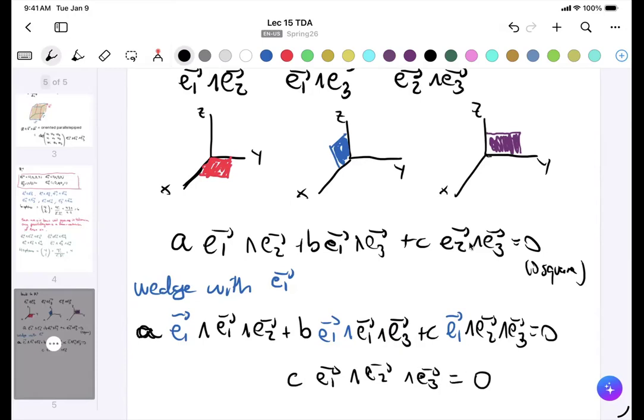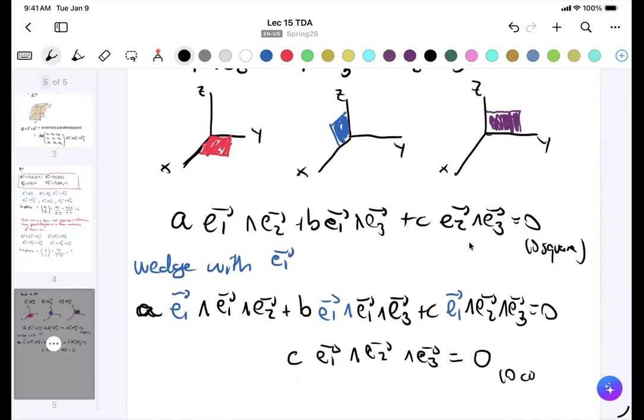But now this zero is not the zero of a square, it's a zero cube, right? If you're keeping track of the dimensionality, you have to think about that.